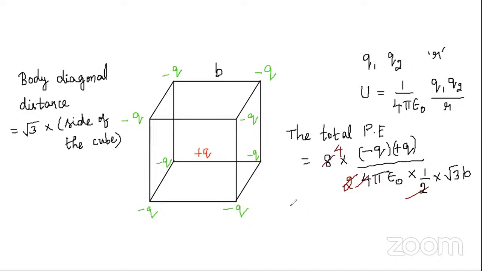After simplifying this, your final answer will be minus 4 q square divided by root 3 into pi into epsilon naught into b. I think this is option B for you.